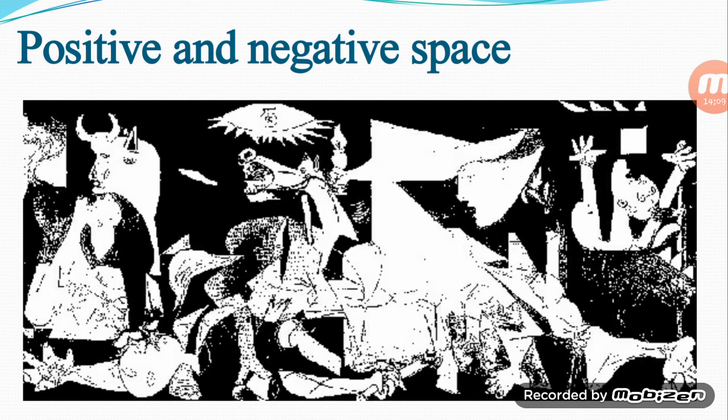Positive and negative space. Picasso created a primary composition path to lead your eye around the elements of the painting.